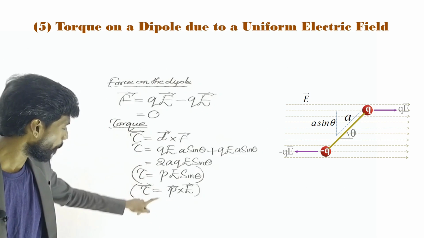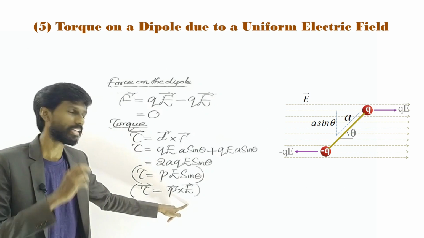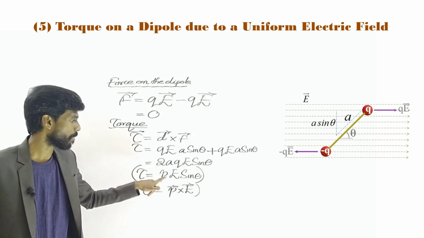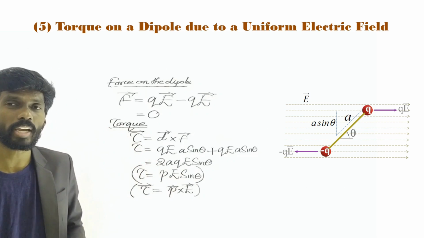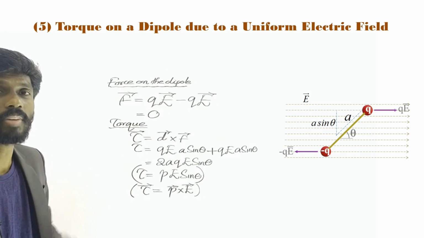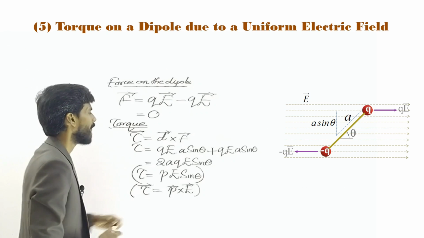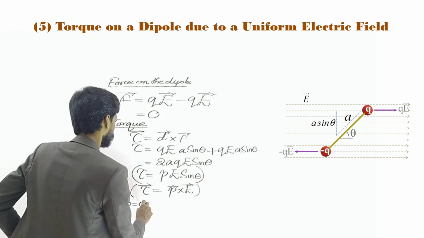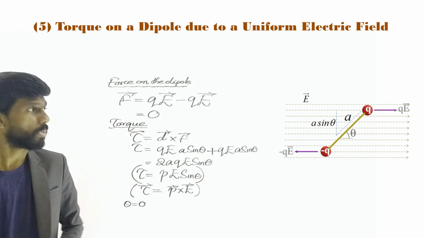You understand? So P cross E is the torque vector, and the magnitude of the torque is simply given by PE sin theta. Is that okay? So that is one formula, right? The torque due to a uniform electric field on a dipole. Okay, as a particular case, if you take theta equals 0, that means it is horizontal.